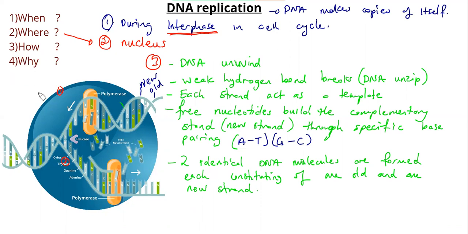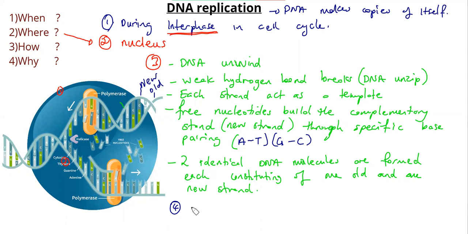Now, why do we have DNA replication? Number 4. We need to understand that DNA replication is important to make enough DNA for the cells.